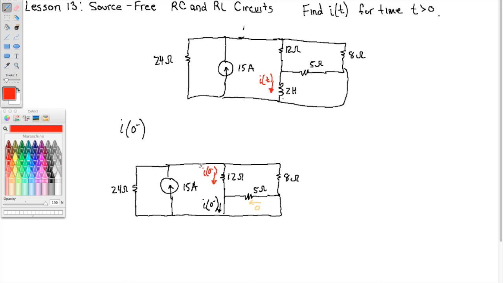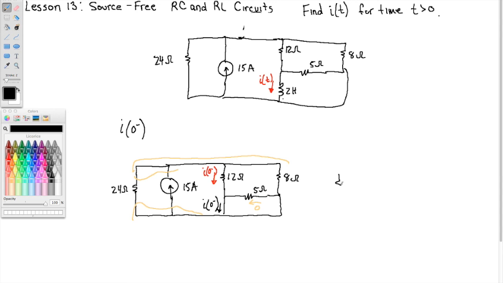Alright, also notice then that the 24 ohm resistor is in parallel with the 8 ohm resistor. That's because they're both connected to this node up top and this node down here. Okay, the 24 and the 8 make 6 ohms.